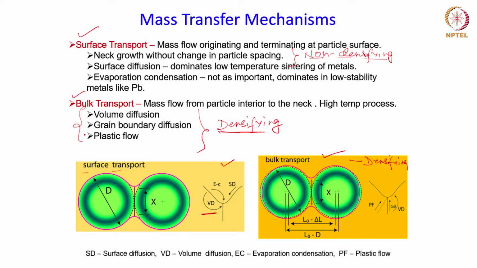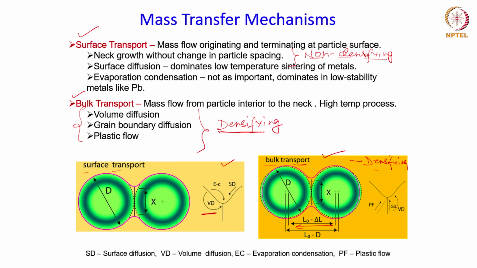So here you can see it is associated with the shrinkage as shown over here. Right, so whenever shrinkage occurs, it means the densification is occurring. So therefore, all these processes of bulk transport can be categorized as densifying mechanisms. And here you can see their paths also as to how they lead to material flow towards the neck.